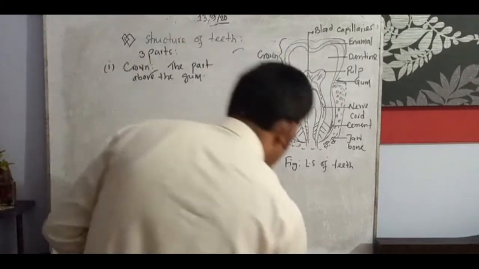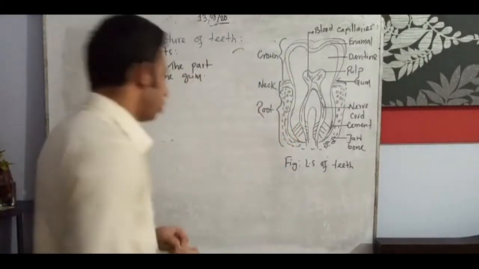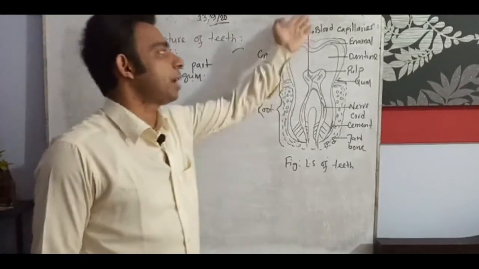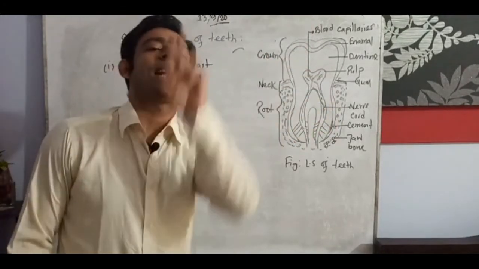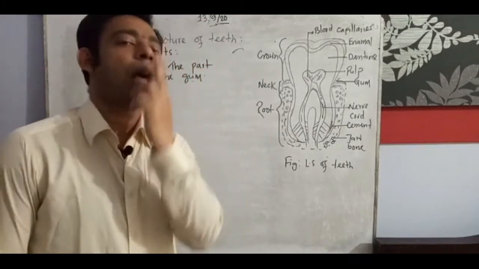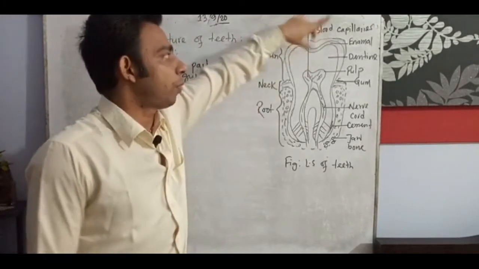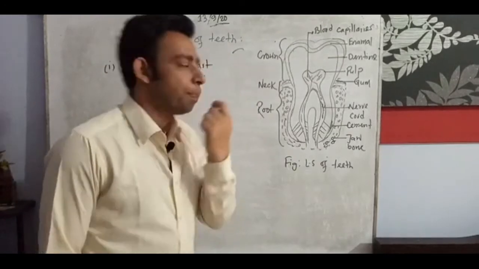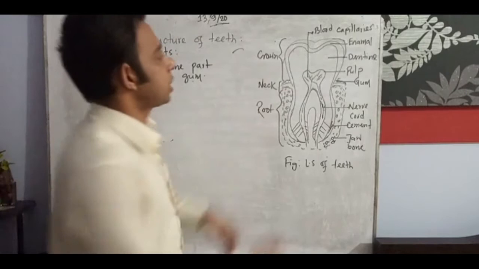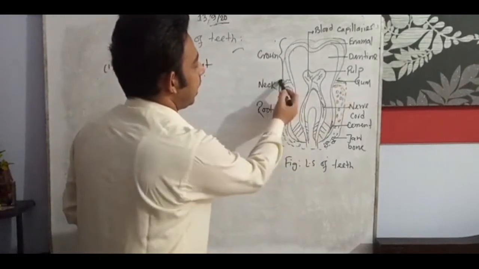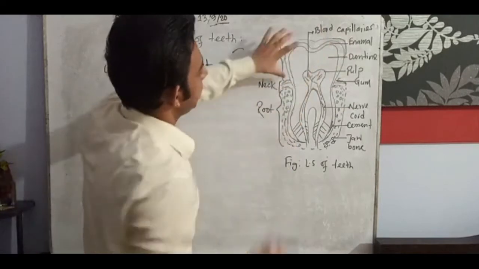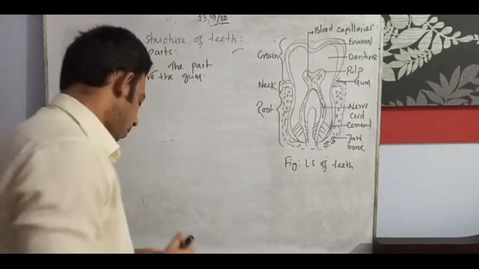I am trying to make you understand: this is the upper part, the part that touches our mouth, the frontal part that we can see. It is just above the gum. Look at the neck, where the gum starts; the part just above it is the crown.